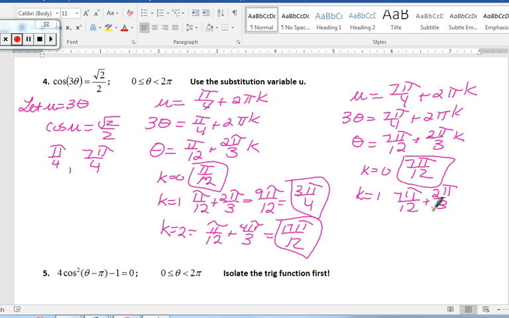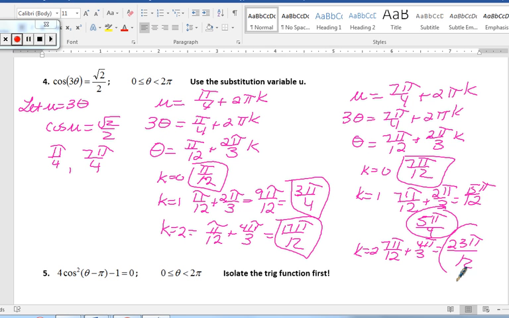With common denominators, that gets us 15 pi over 12, which reduces to 5 pi over 4. And lastly, when k is equal to 2, we get 7 pi over 12 plus 4 pi over 3, yielding 23 pi over 12. So there are the 6 solutions for this problem.